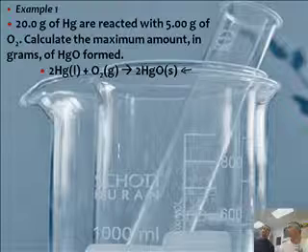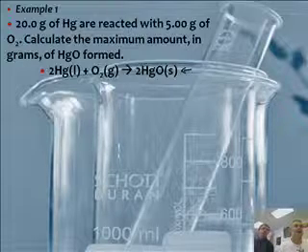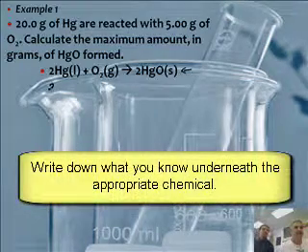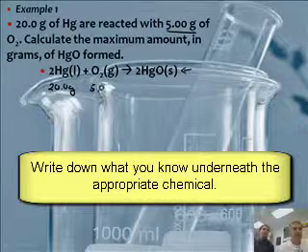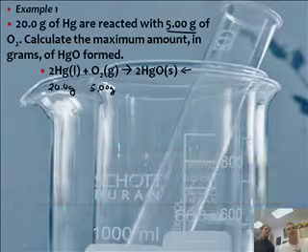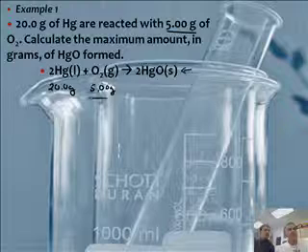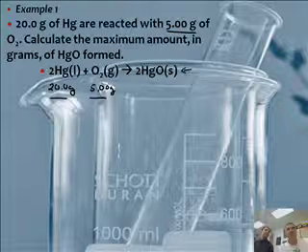Okay, so what do you do? You write down what you know. We've got 20.0 grams of mercury and 5.00 grams of oxygen. Something important to say, guys, is that the amounts are both of reactants.